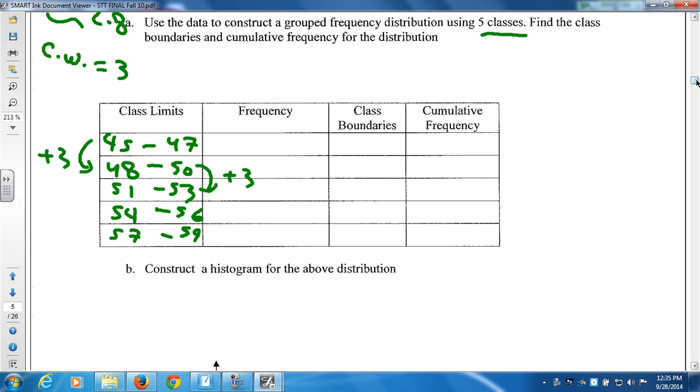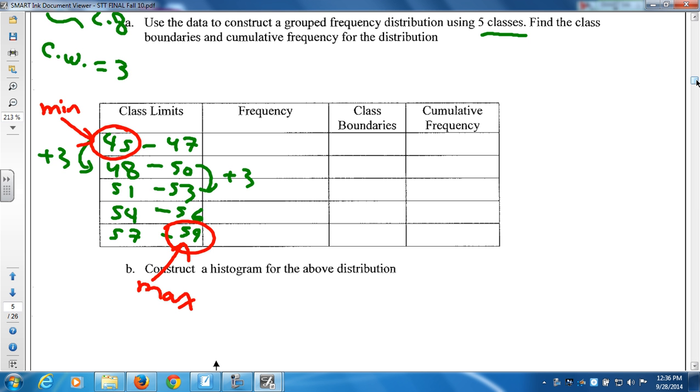And you need to make sure that at the end the minimum is in the first class. The minimum is actually here, isn't it? And the maximum should be somewhere in the last class, and it's actually here, right? It doesn't have to be the first value, second value, third value, but it should be somewhere in the last class, which means you're covering all the data and you also have all the classes required, 5 classes.